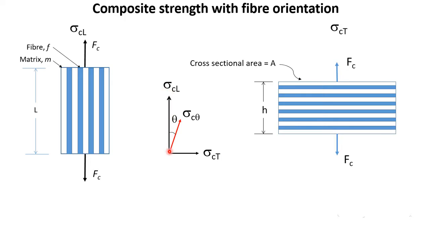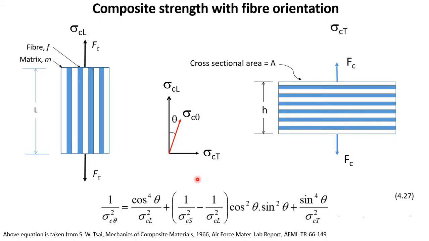So if I want to know the stress at any angle theta, sigma c theta, then we can use this equation. This equation was proposed by S.W. Tsai in this work, and using this equation we can find out strength of the composite in any direction of this composite. This is the length of the fiber, along the length of the fiber.